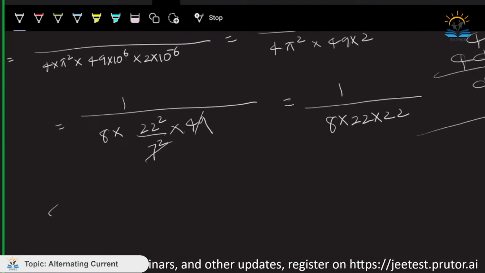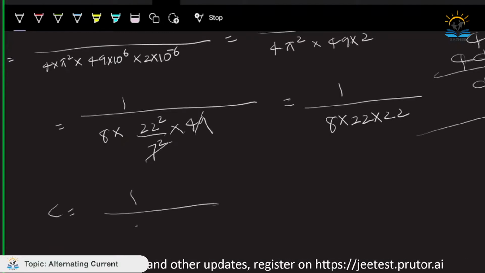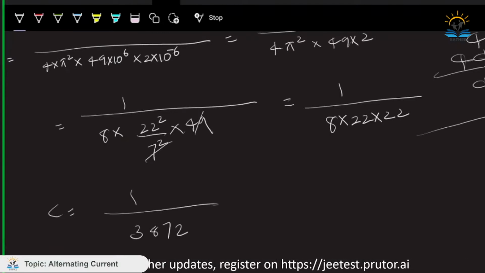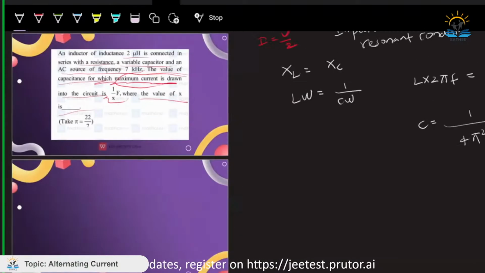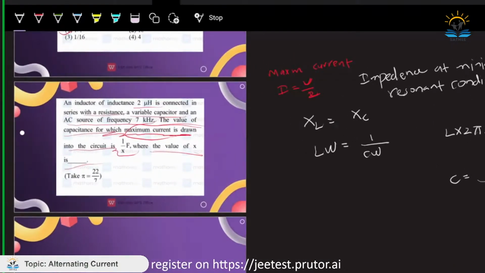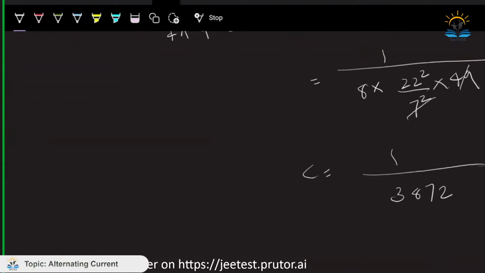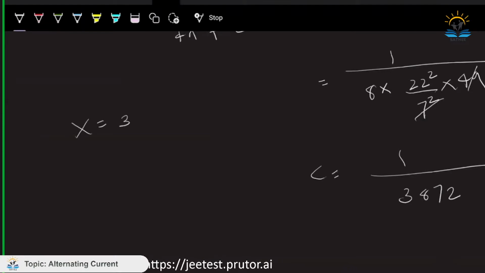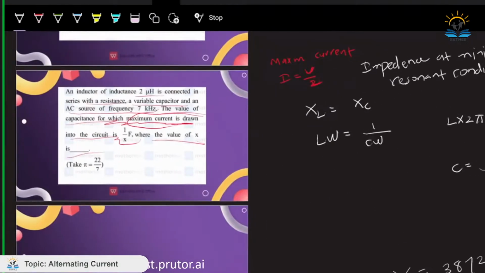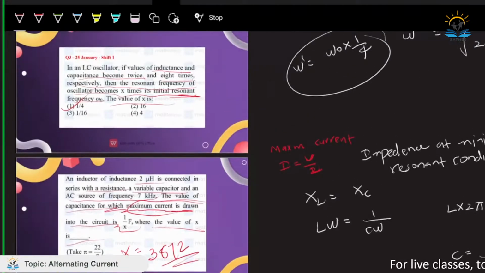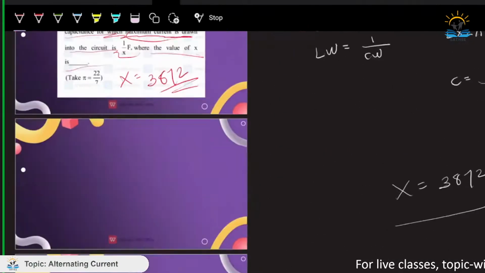So we got capacitance C as 1 by 3872, and it is 1 by x farad. So x will be 3872. Okay, so questions are over.